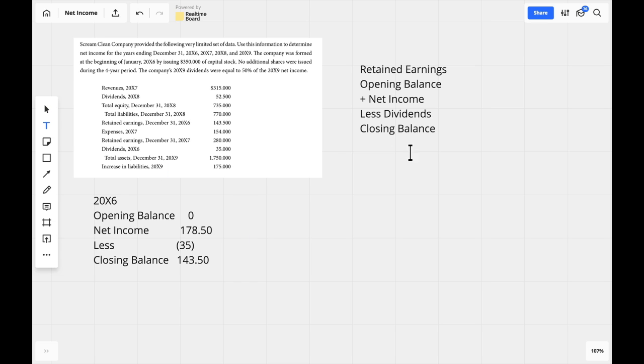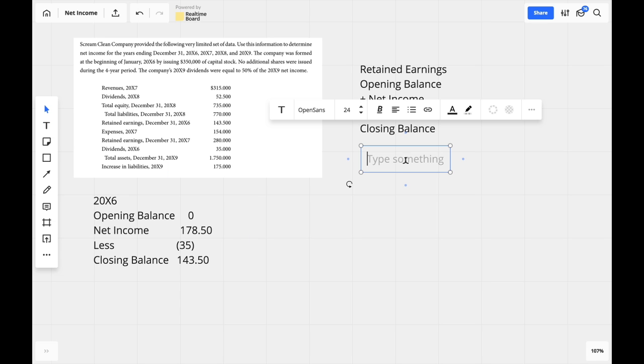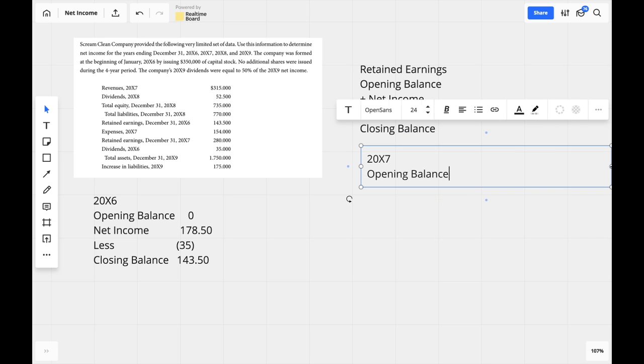If we then go to 20x7, we have an opening balance based on the prior year, which is last year's closing balance of 143.5. Our net income for the year for 20x7, let's have a look at some information we've got here. We have revenues for 20x7 of 315,000.